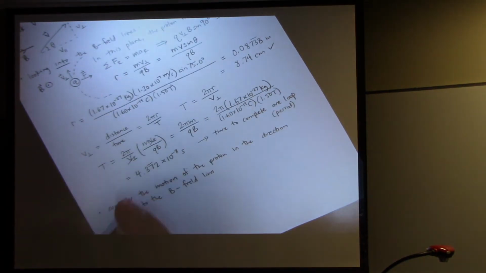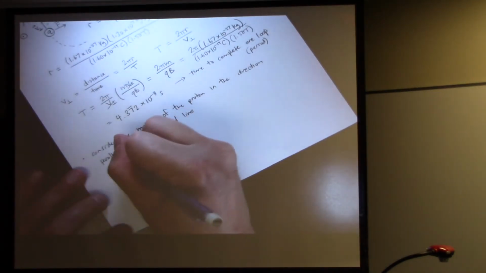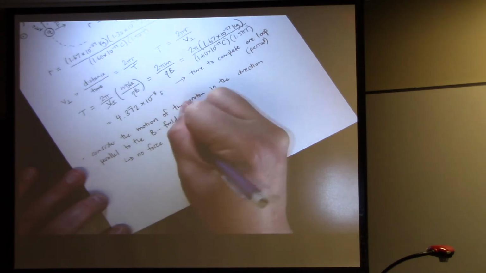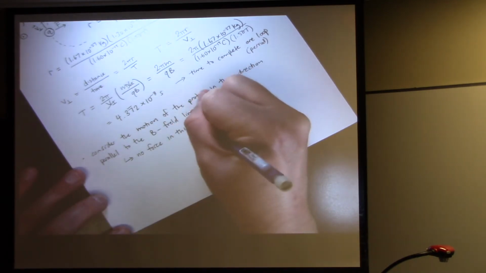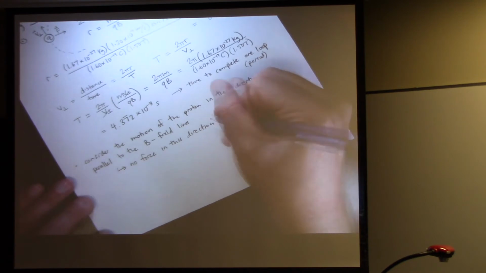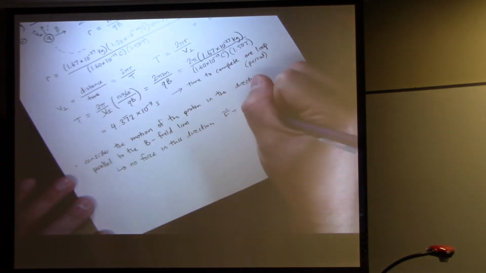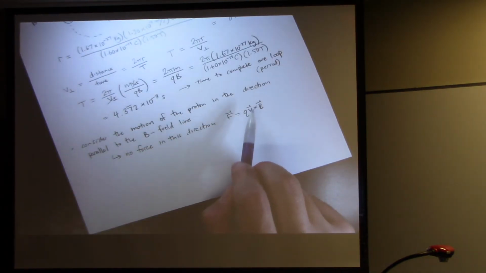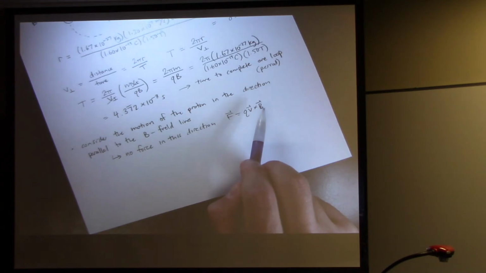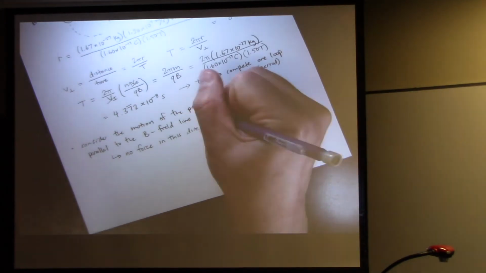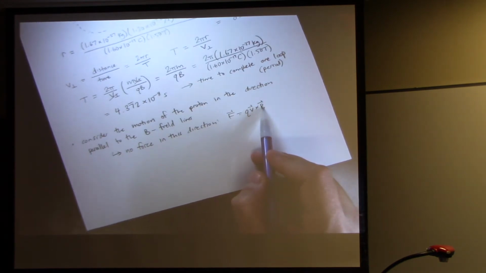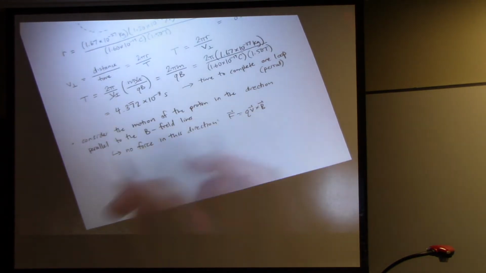Okay, so we already established that there's no force in this direction. Why is that? Because the magnetic force is qV cross B. So the force is always going to be perpendicular to both the velocity and the magnetic field. So if we're talking about the direction parallel to the magnetic field, then we can't have a force in that direction.